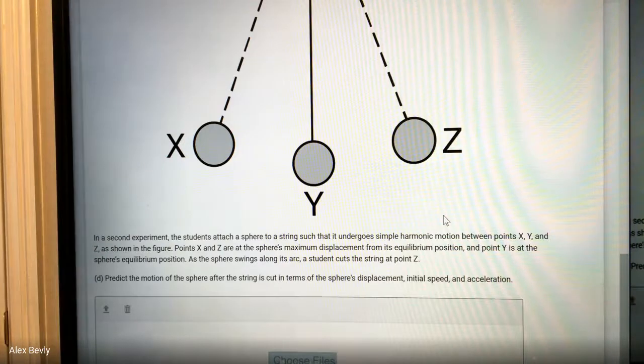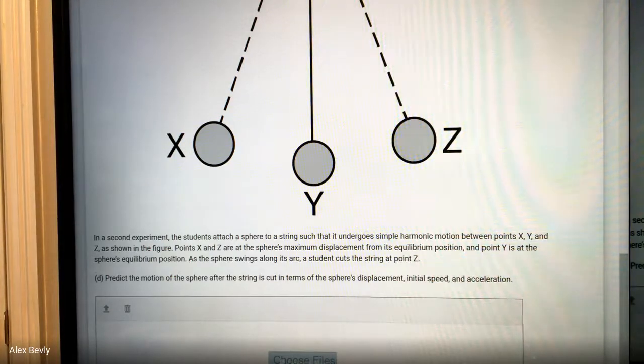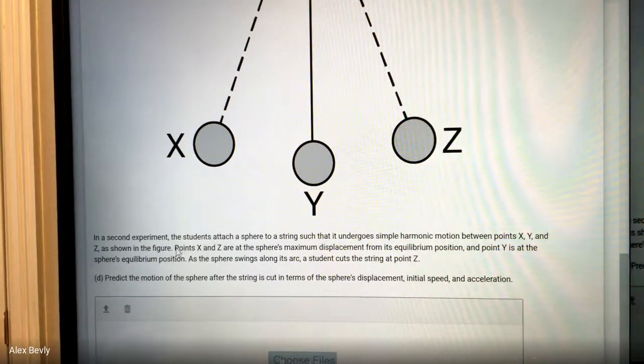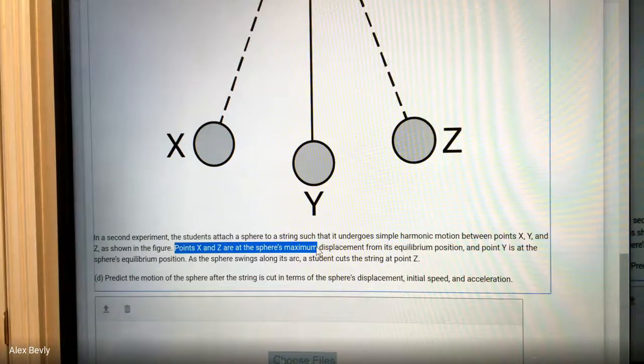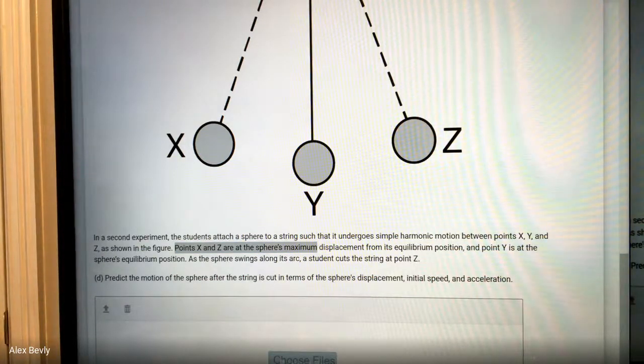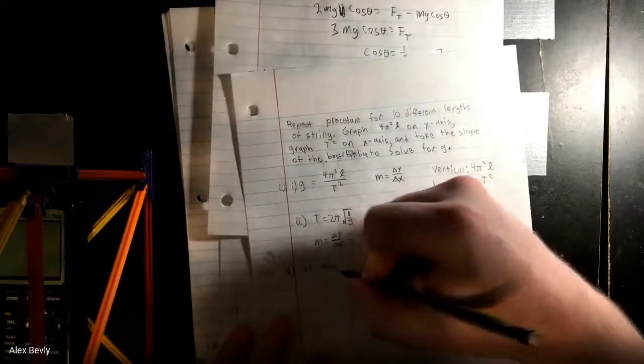X and z are at. So y is at equilibrium. So where's point z at? All right. So point z is at the maximum displacement.